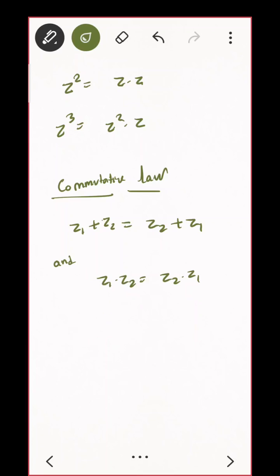So this is the commutative law. What is associative law? If you remember, that is a bracket exchange, correct? z1 plus z2, let me write like this, plus z3, that will be same as z1 plus bracket open z2 plus z3.